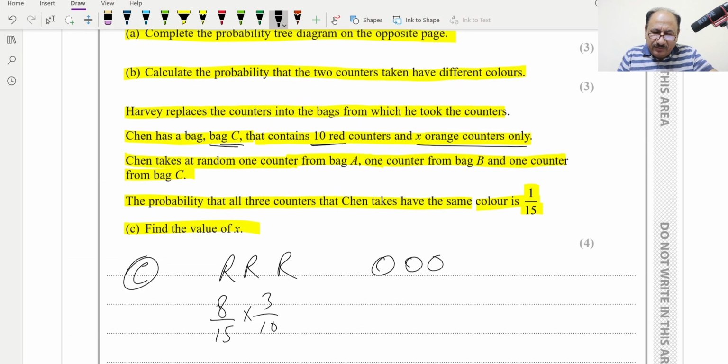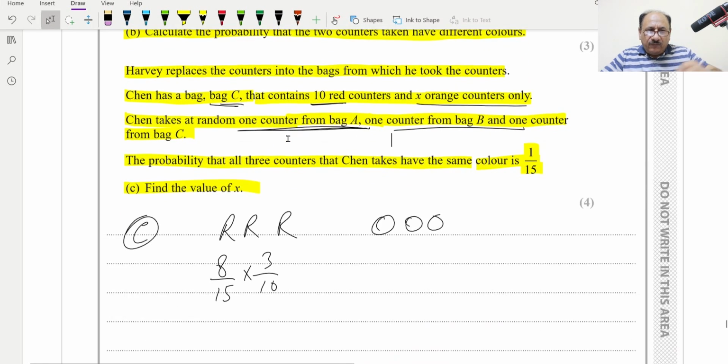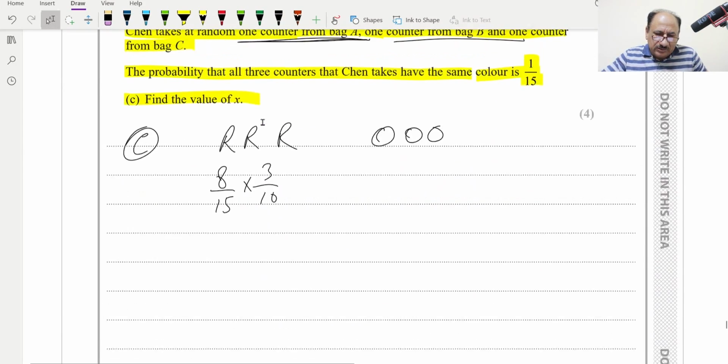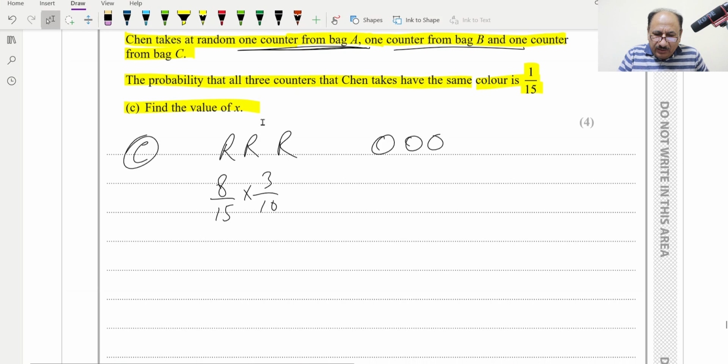So Chen takes random one counter from A, one counter from B, and one counter from C. So if one counter from A is red, there are 8 red in A, so we'll take 8 by 10, and in B there are 3 red, so it will be 3 by 10. That's why we have taken this 8 by 10 and 3 by 10. And the third bag C is having 10 counters of red, so it will be 10, and total is X plus 10. This will be the probability.